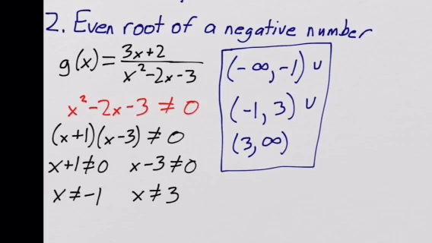The other thing that we have to deal with, and I'm going to have to start a new page here in order for you to be able to see this, is if we take the function h of x equals the square root of 14 minus 2x.